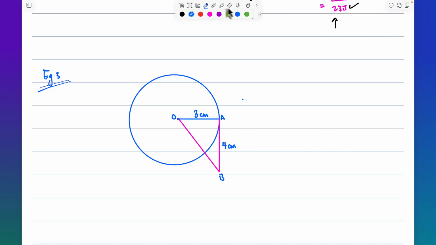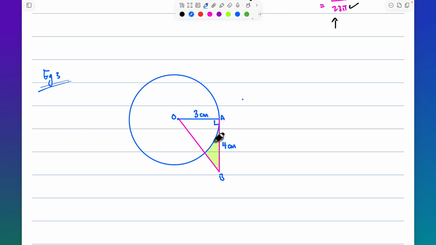So now we're trying to get the area of the shaded region, which is this area over here. And you're also told in this problem that this angle OAB is a 90-degree angle.